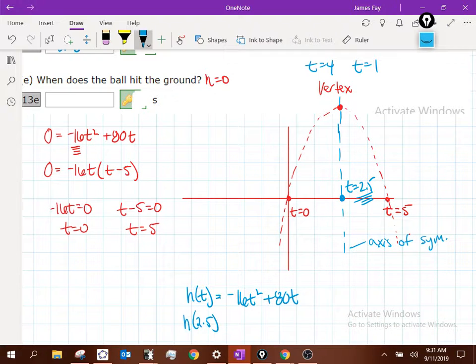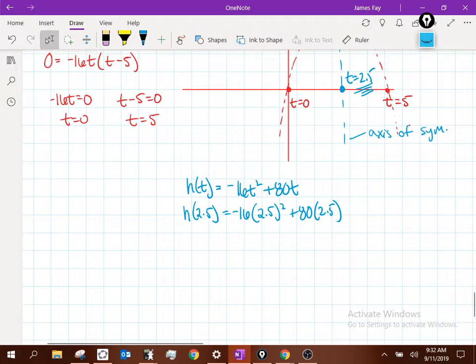What this says is that the height evaluated at 2.5 is equal to negative 16 times 2.5 squared plus 80 times 2.5. So 2.5 squared times negative 16 should give me negative 100. 80 times 2.5 gives me positive 200. Add those together, I get 100, right?